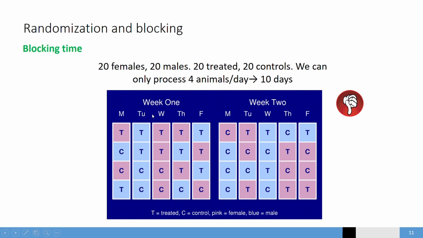So maybe because some of the days, like this one, are made all of controls, the person working on Mondays works differently from the person working on Tuesdays. So maybe the difference that I see between control and treatment is simply because this person on Mondays has more controls just by chance, by this random distribution that I have done.